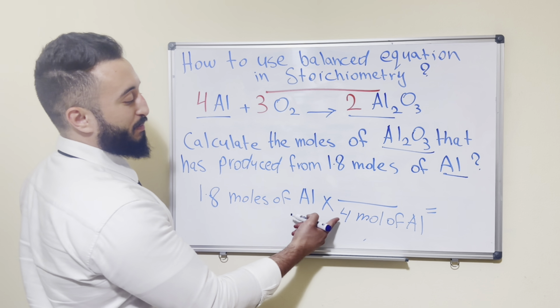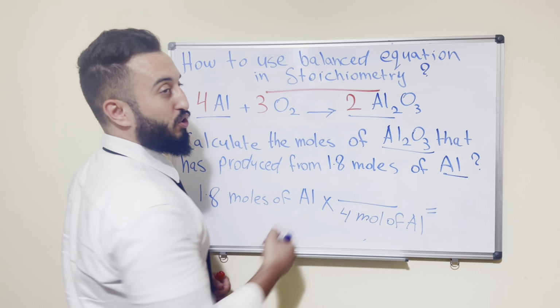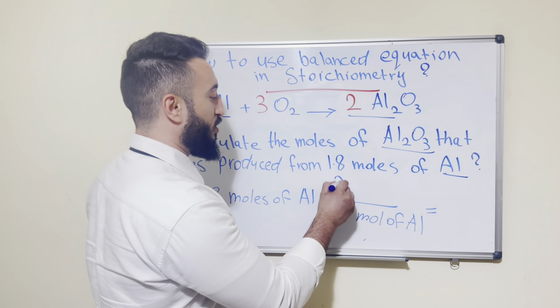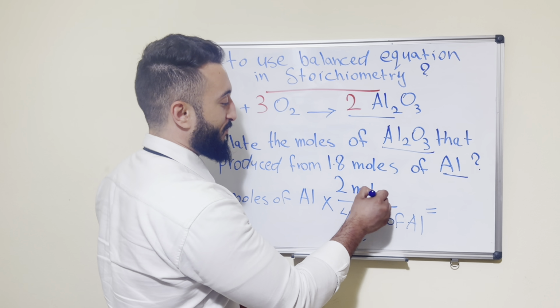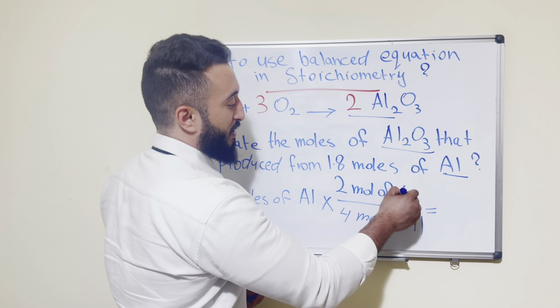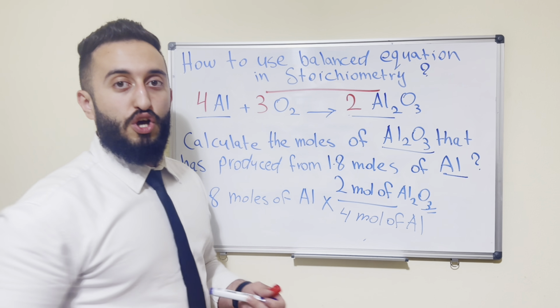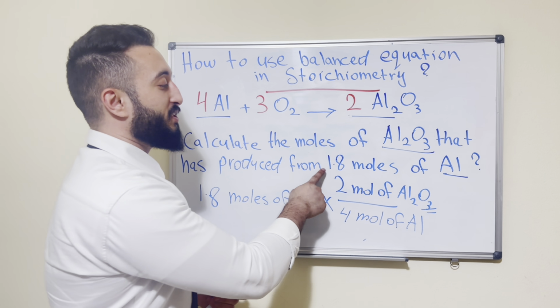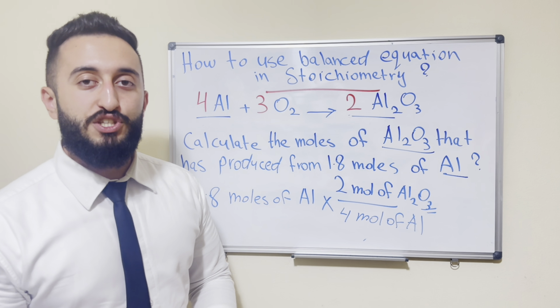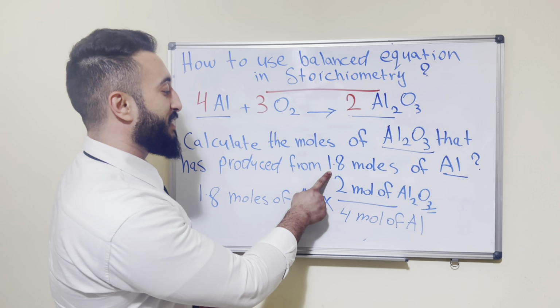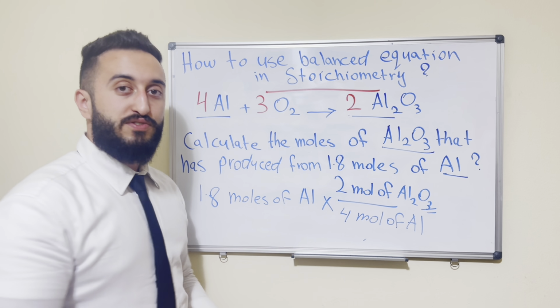So what about the moles of aluminum oxide? We have 2 moles of Al2O3. So this is the moles relationship: 4 moles will produce 2. So what if we have 1.8? They will produce how much? So let's multiply the given number by the moles fraction.